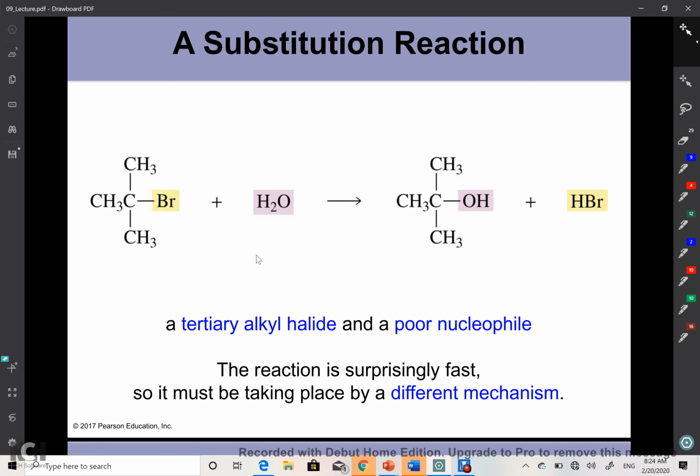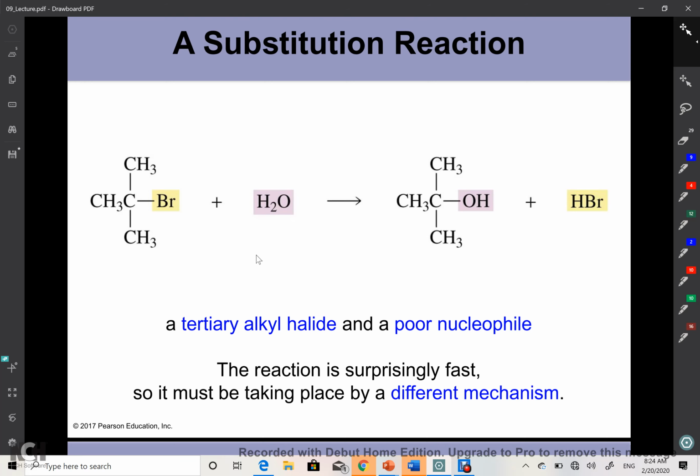It doesn't mean that they don't react at all. From observation, if you have a tertiary alkyl halide, under certain reaction conditions they actually react. A substitution reaction also takes place, and that substitution reaction is pretty fast.